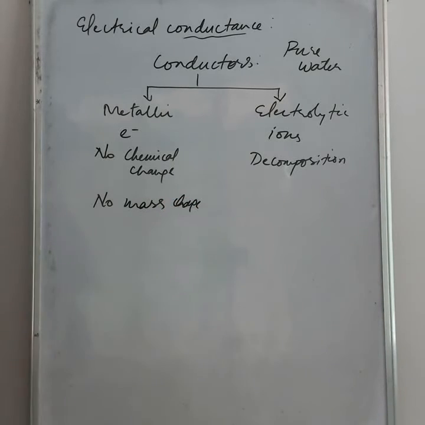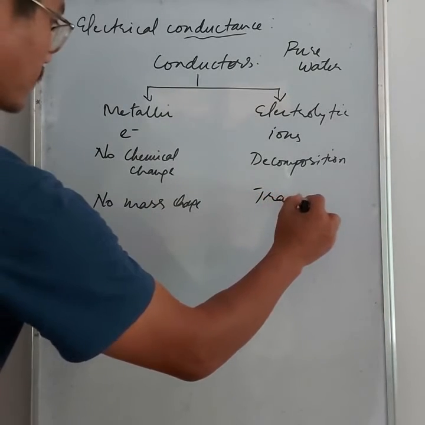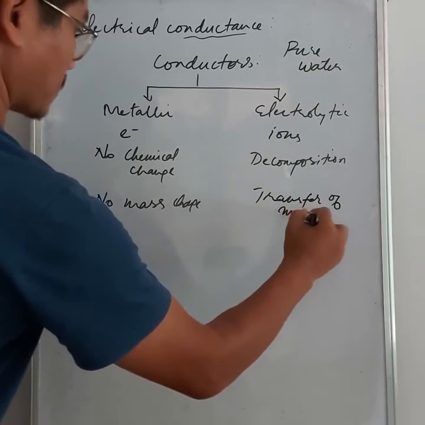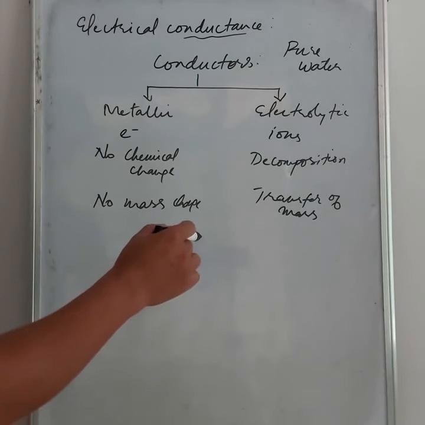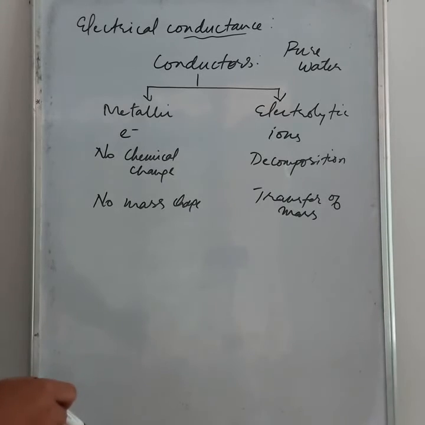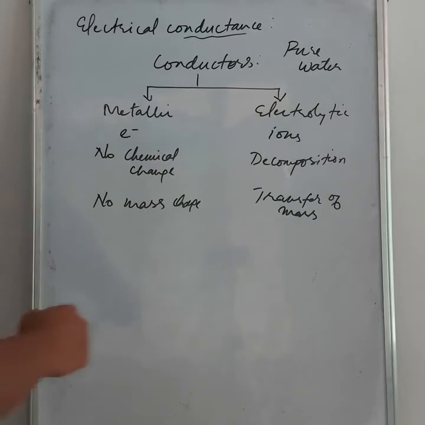But in electrolytic conductors, we can encounter transfer of mass. Suppose in a galvanic cell, we can see that deposition of the ions takes place at the electrodes. Therefore, we can say that transfer of mass takes place.